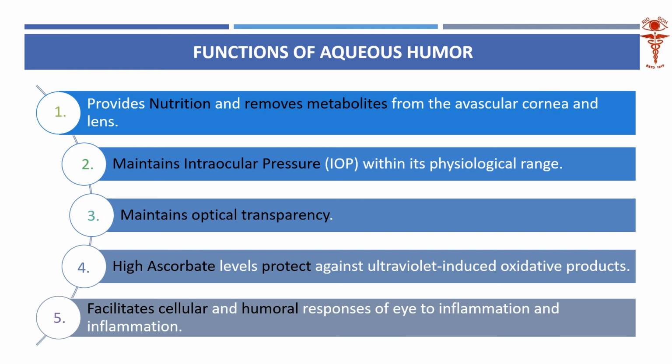This I also told you. There is a protective function for aqueous. All body fluids, remember, have a protective function for their structures. Here the protective function is that there is a lot of ascorbate which enters the eye. The aqueous humor has a lot of ascorbic acid, and this ascorbic acid is a protector from the UV light which enters. We understand that because of the greenhouse effect, a lot of holes have developed in the ozone layer, and a lot of UV light is entering.